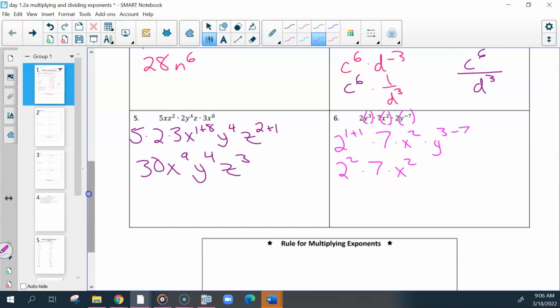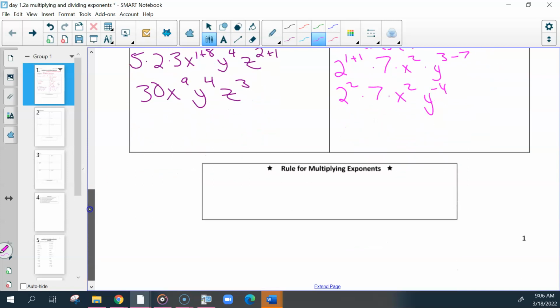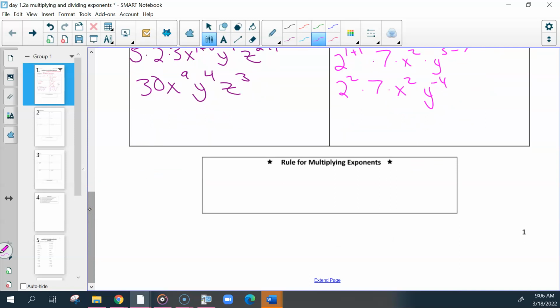X squared will not change. Our new exponent for y would be negative 4. 2 squared is 4. If you wanted to now, or you can wait, you could figure out what y to the negative 4th would be. What would that be? 1 over y to the 4th, not times 4.